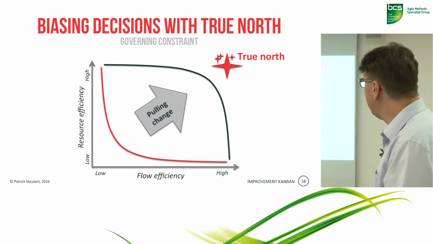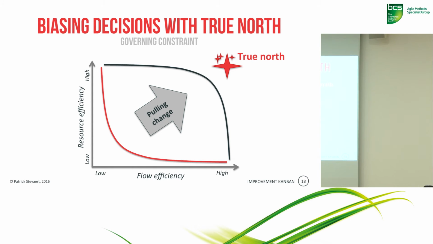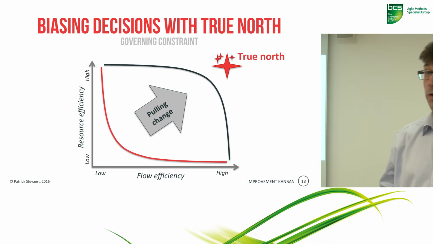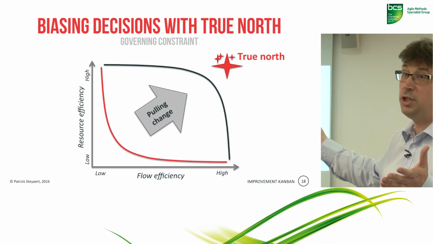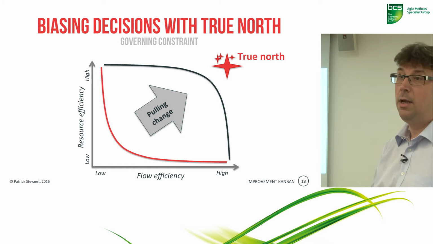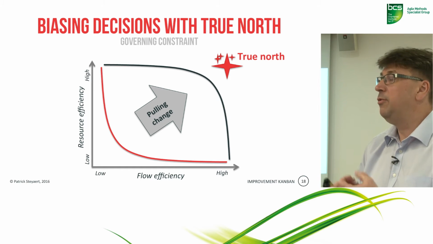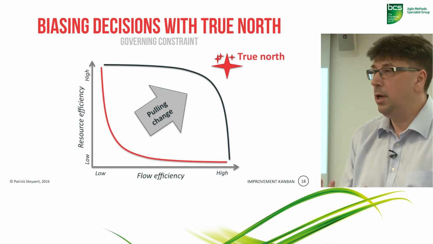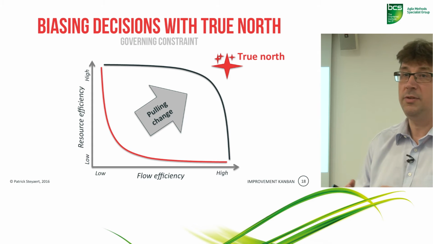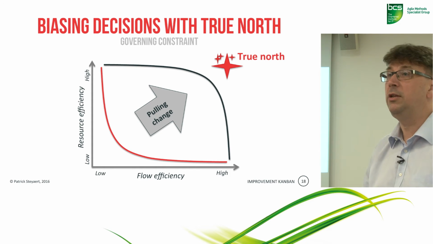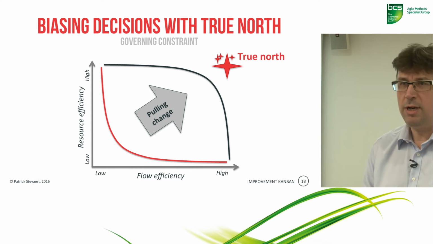The reasoning behind it is that people, when they're changing, are often confronted with a hard trade-off, like the trade-off here between resource efficiency and flow efficiency, which people that have not experienced this think about as contradictory. So it's a hard trade-off.